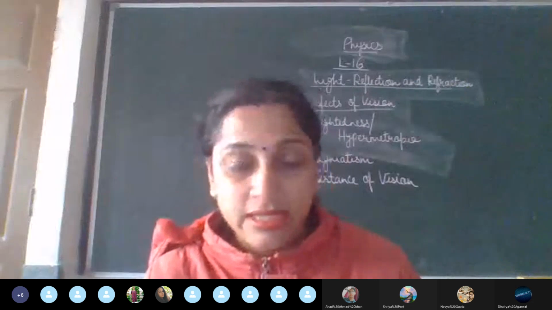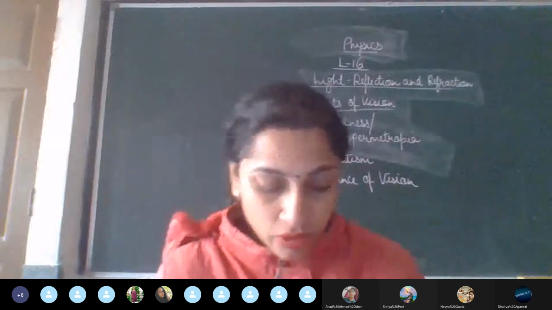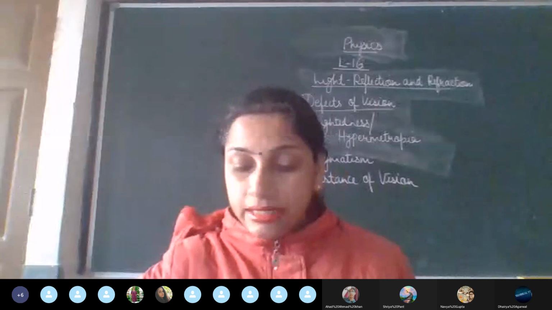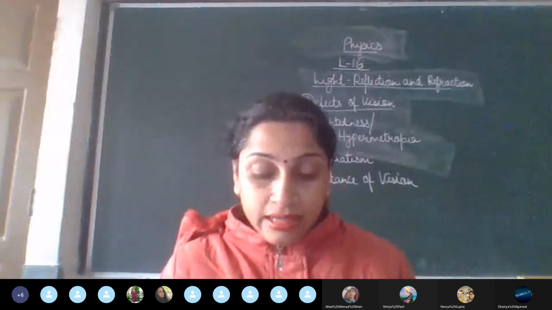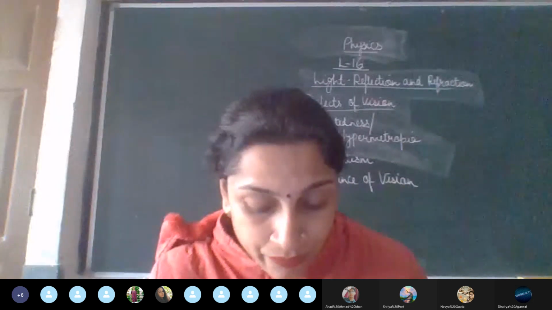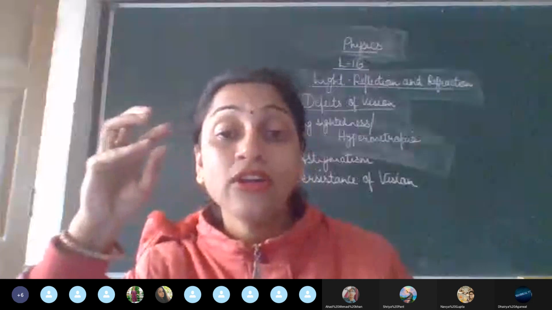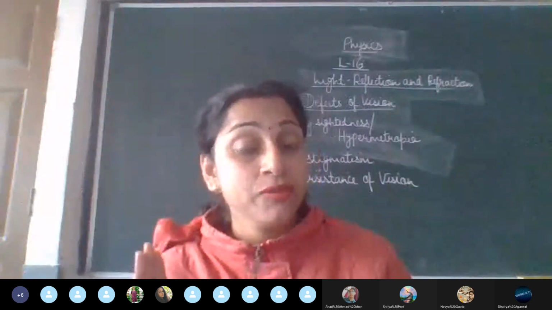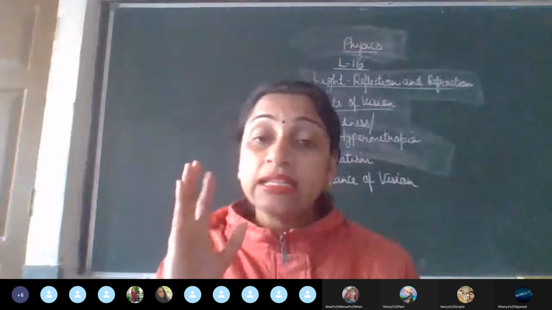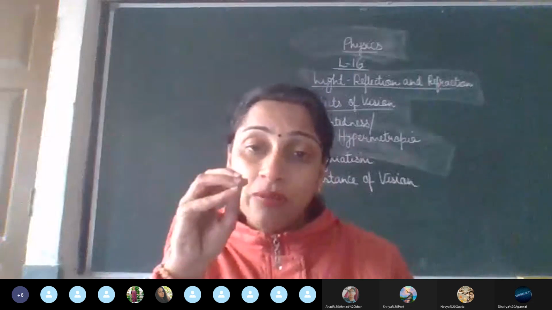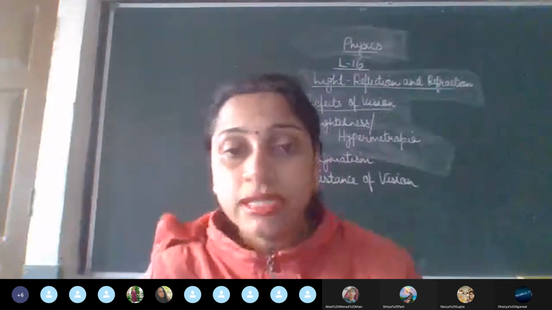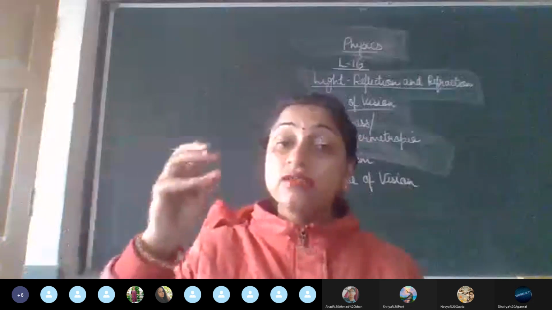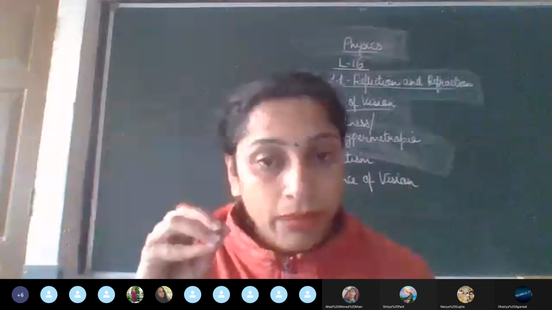Now we move on to another type of defect, that is astigmatism. So again, just have a look here. It's also a defect, and it is caused because the rays cannot focus at one point. If you remember the ray diagrams we discussed, the rays have to focus on one point, and there the image formation takes place. Now in this case, we see that it is not able to focus on any one place.